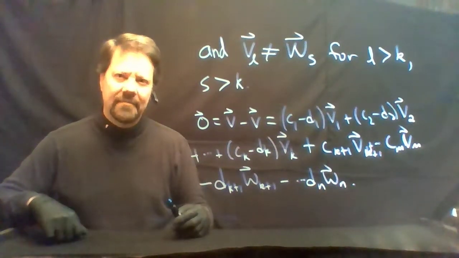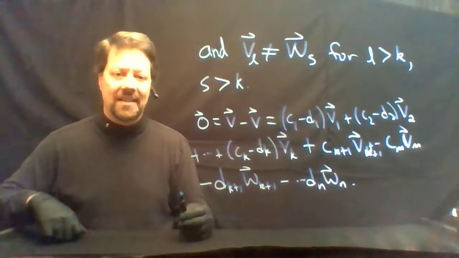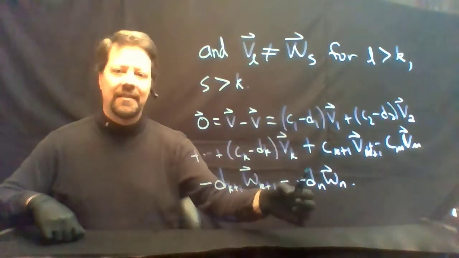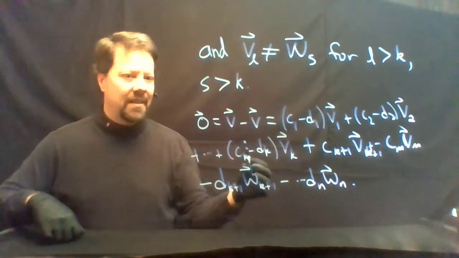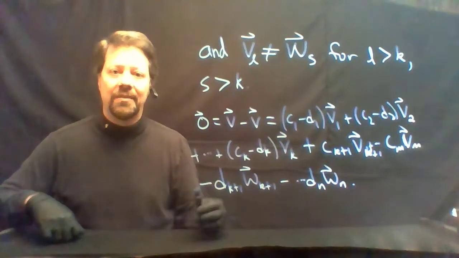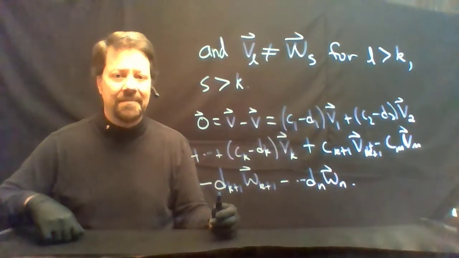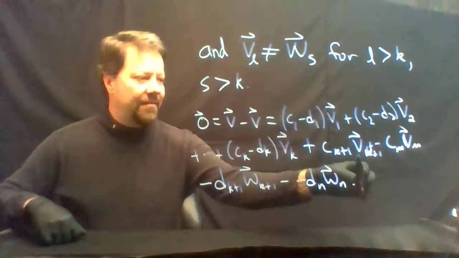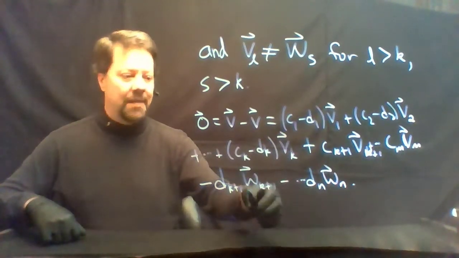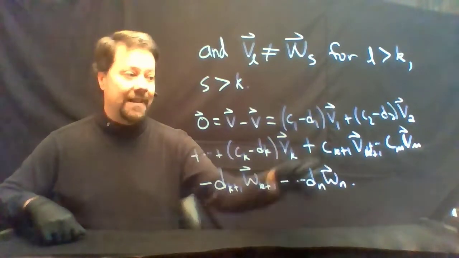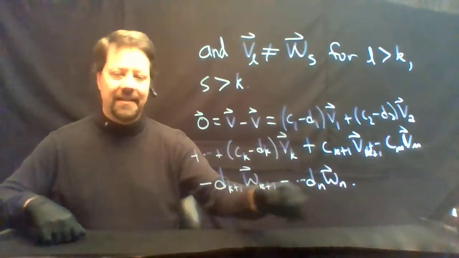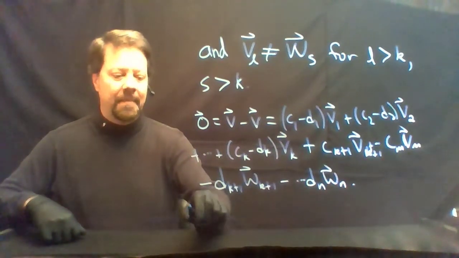But wait a minute, we said the set S was linearly independent. So any linear combination of elements of S that equals the zero vector must have all coefficients equal to 0, as long as those vectors are distinct. None of these v(k+1) through vm are represented in these w(k+1) through wn's or vice versa. Therefore, all of the coefficients in this sum must be 0.